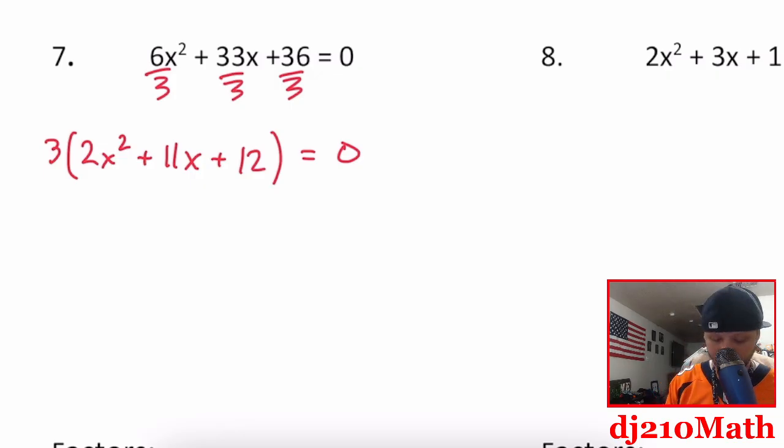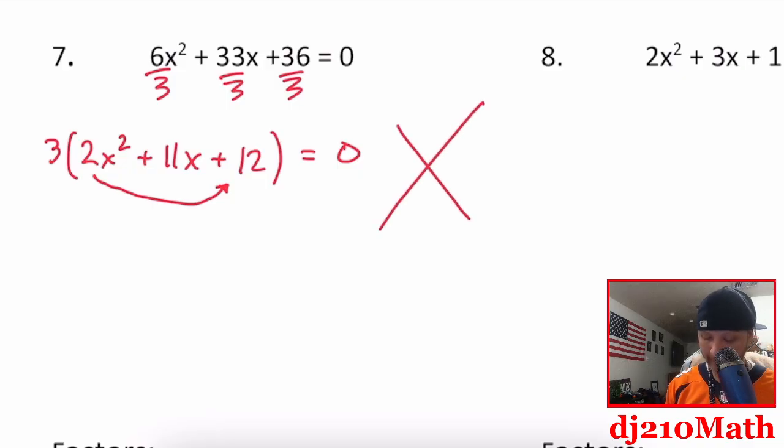Okay, looking at this on the inside, this is going to be 2 times 12, which is 24, needs to add up to 11, positive 11.